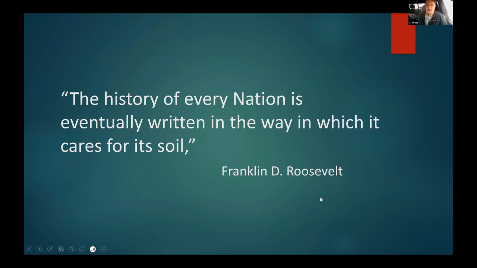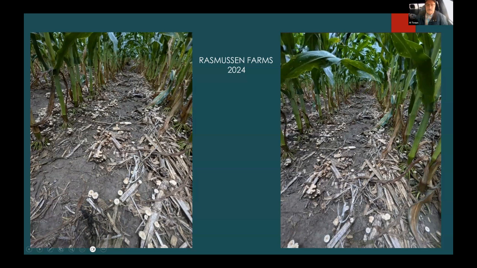This is one of our friends in Nebraska that began working with me about 10 years back, and we began really trying to look at how we could get better performance with his soils by adding better microbial colonies and getting better fungal colonies in the soil.